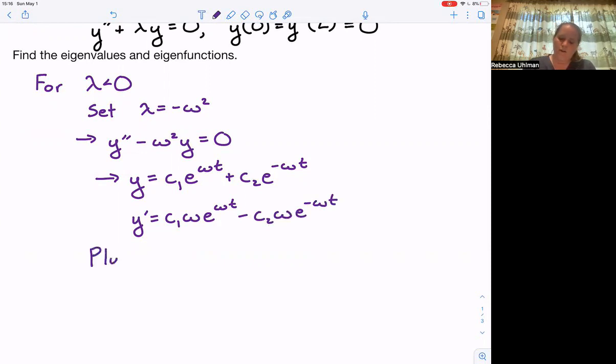Plugging in our boundary conditions. So plugging in y of 0 equaling 0, we get then that 0 is equal to C1 plus C2.